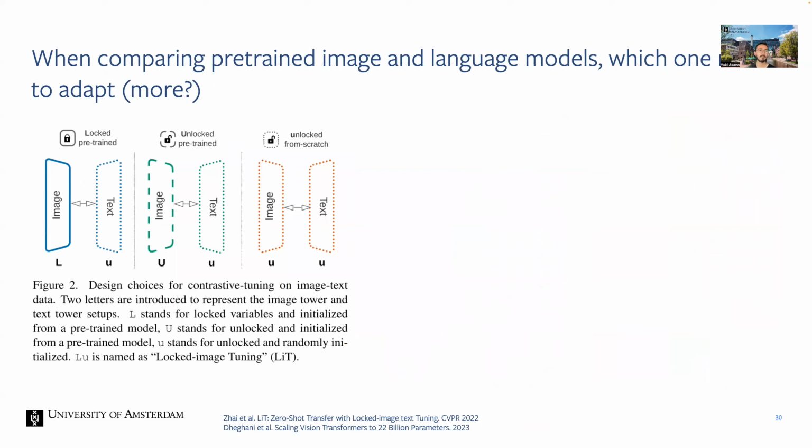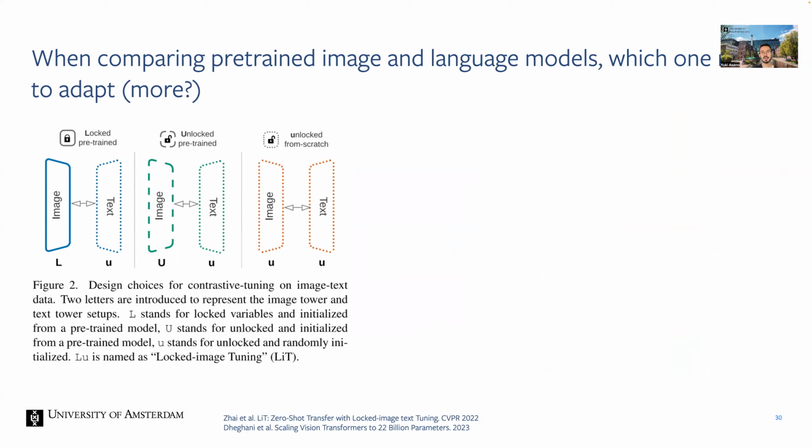All right. A note on changing CLIP a bit, basically, is this locked-image tuning paper. The basic message is, okay, here you can see image and text. So these are the 2 encoders, and you're sort of mapping between those. So you can think about the inputs basically coming from the outer edges each.